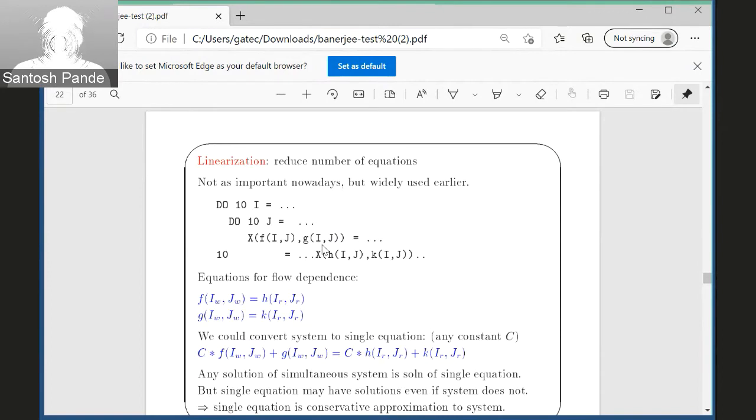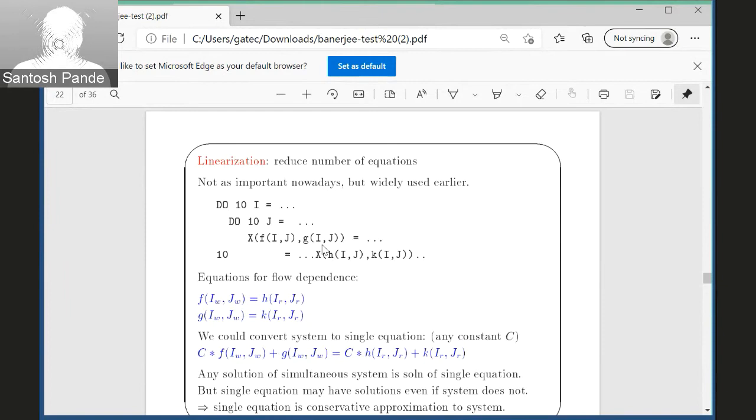So for example, if we have originally G is equal to K system, then we can see here that we can scale the first system by a factor of C and add it to that.